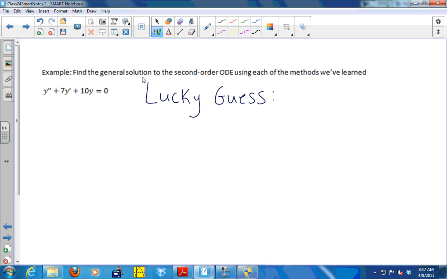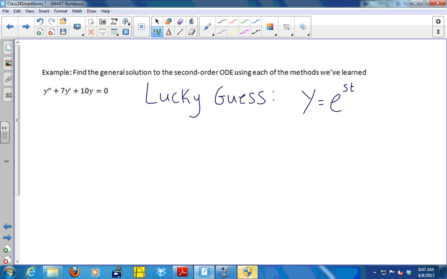So when we first introduced lucky guess, it seemed kind of, how am I going to just guess this, right? And we said, well, we're taking a linear combination of a second derivative, a first derivative, and the function itself and trying to get 0. So it seemed like an exponential might be the best way to try to find a function that would satisfy that. So our lucky guess was y equals e to the st. And now that we've done all of our work with systems, we know that the solutions to systems always are combinations of e to the lambda t, right?